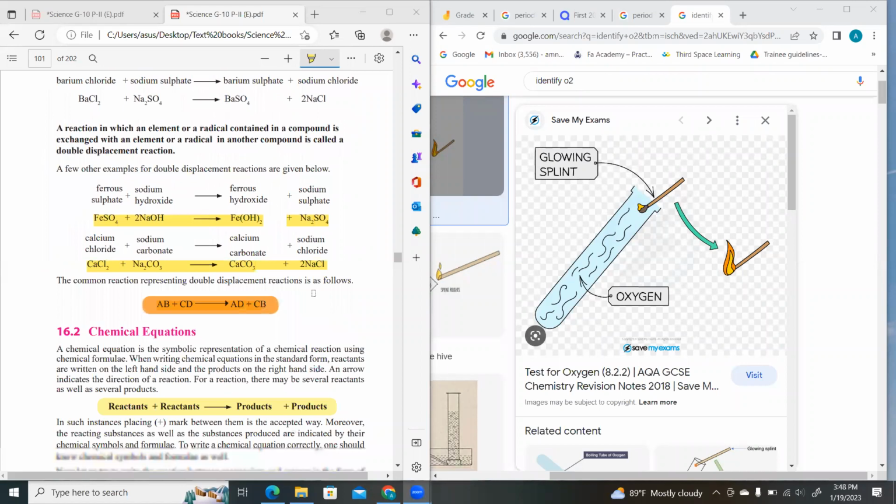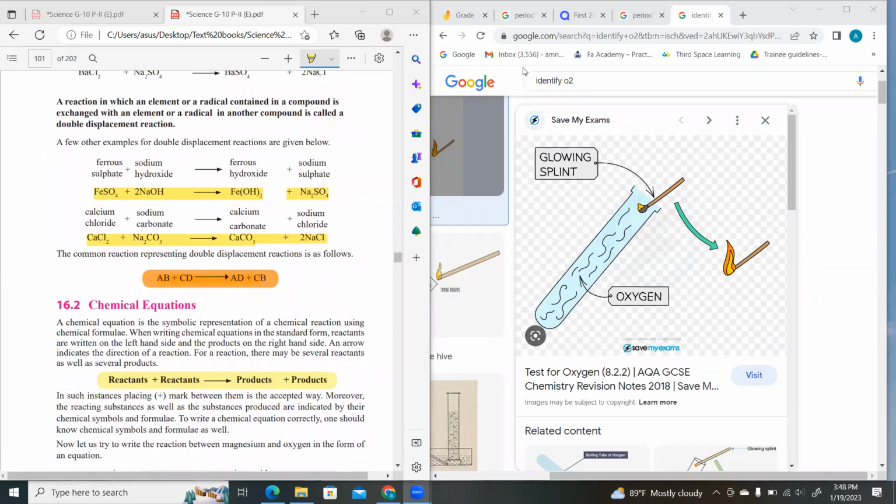Double displacement, you all know they exchange their partners. I'll just take one example and show you how this reaction came. So ferrous sulfate is a substance. Let me draw a box first.